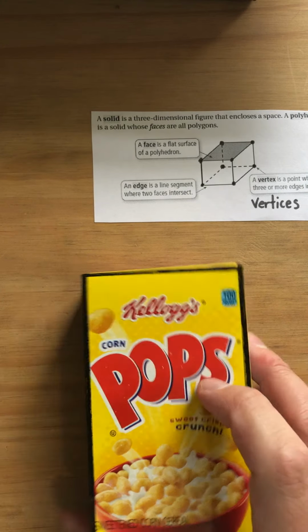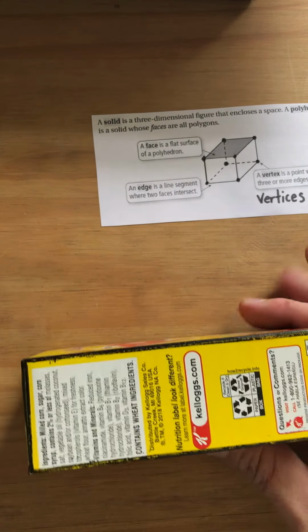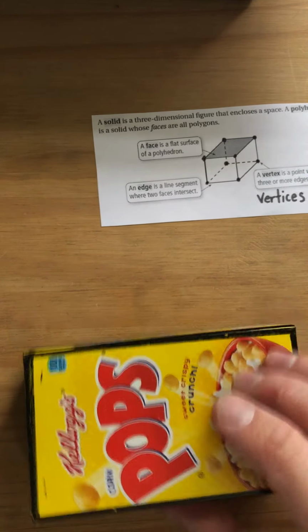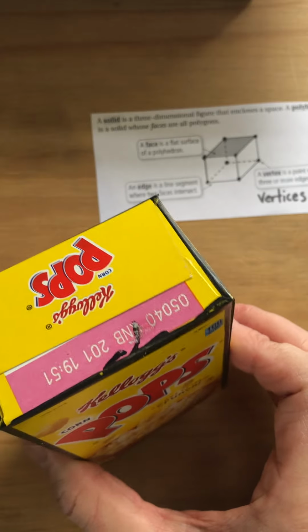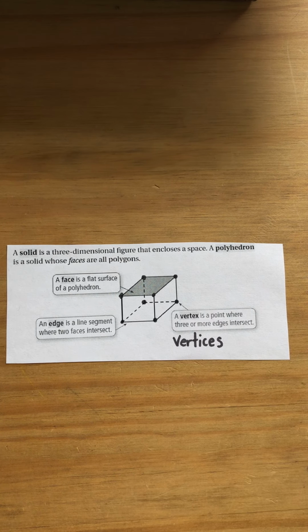I darkened the edges black on this cereal box. The faces are like the flat pieces of cardboard, and the edges would be the black lines that connect those pieces of cardboard. You could imagine this as 6 separate rectangles that will all be glued together to make that box.